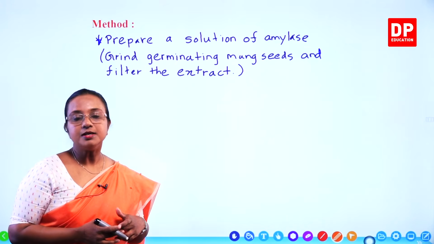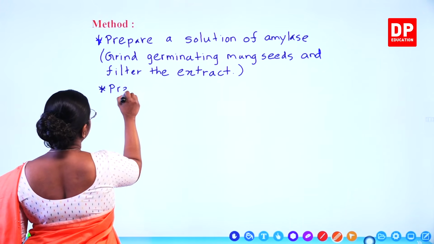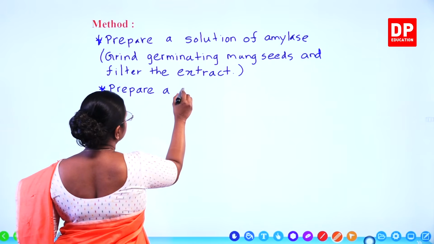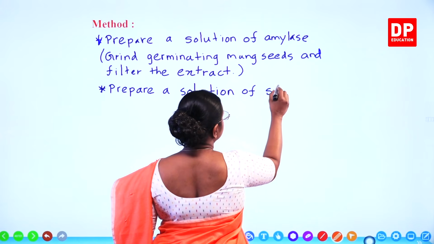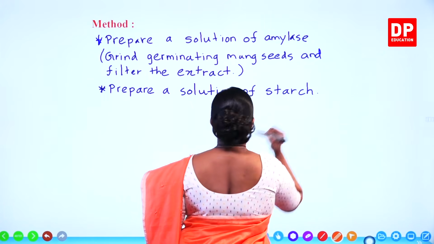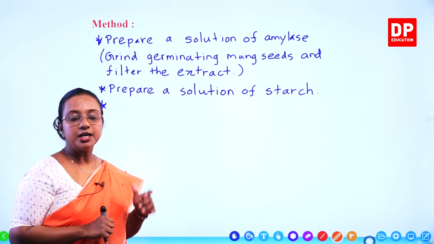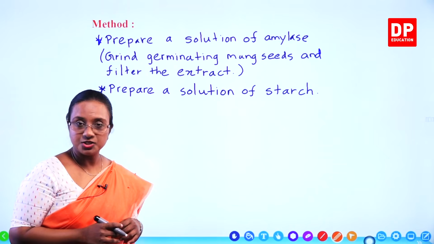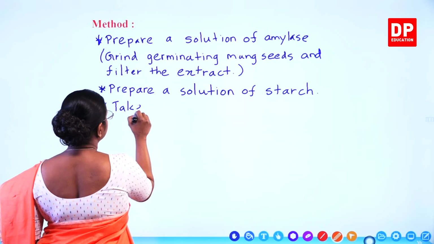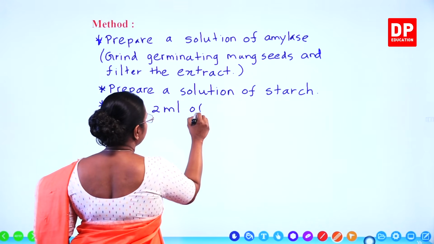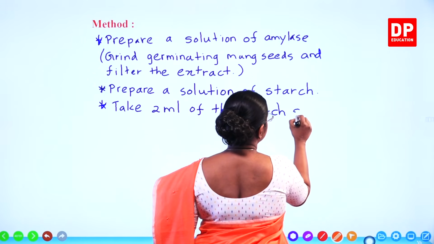Then we need to prepare a solution of starch. So the second step, prepare a solution of starch. What do we do after that? We need to take 2 milliliters of the starch solution into a test tube.